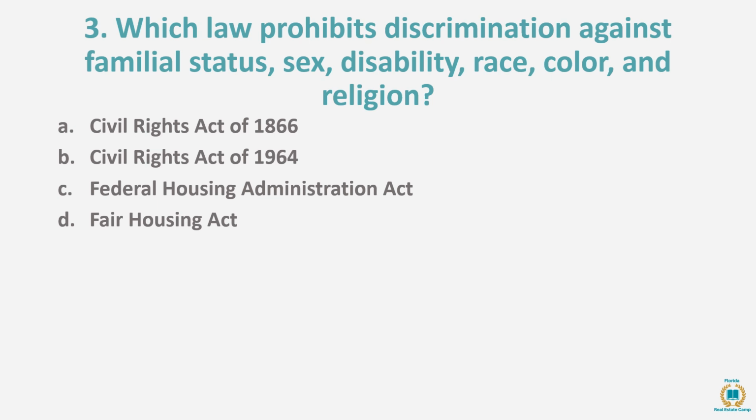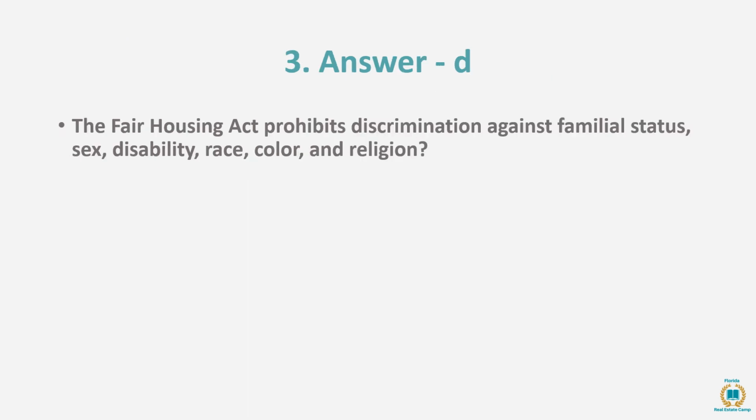Or D, the Fair Housing Act? The answer is D. The Fair Housing Act prohibits discrimination against familial status, sex, disability, race, color, and religion.